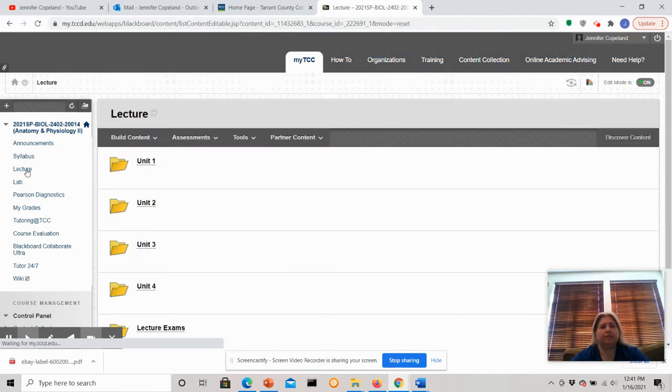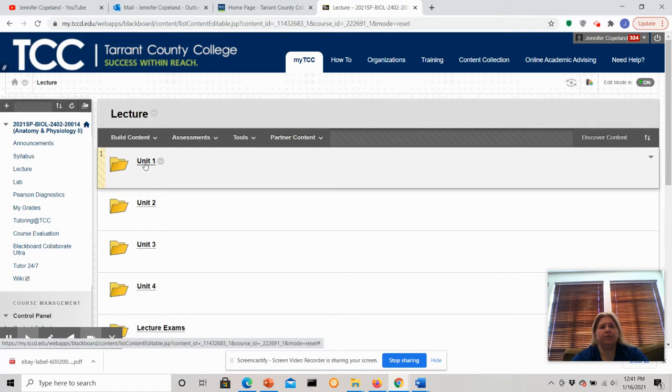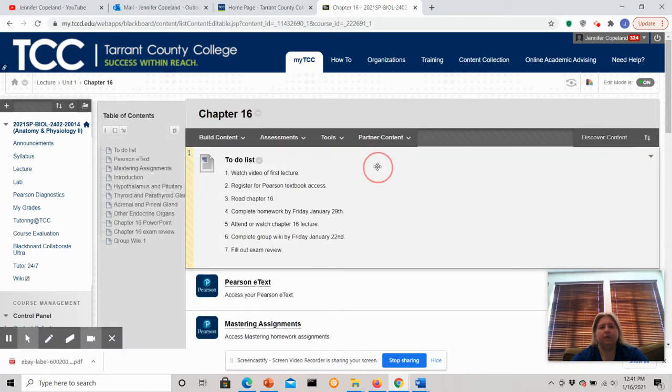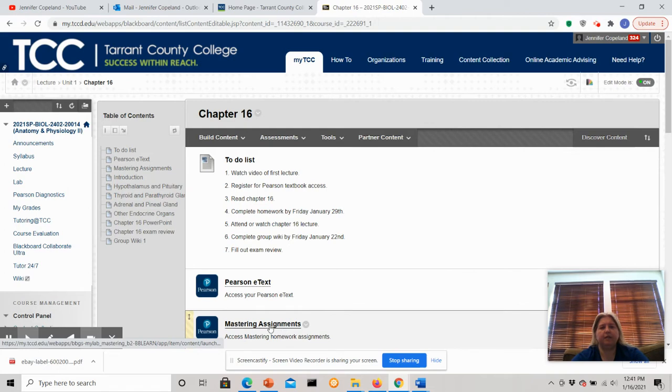So click on lecture, and then just click on unit 1. And let's go to chapter 16. And then you can see right here, mastering assignments. Click on that, and you should be prompted to log in or create a login or something like that. And once you log in, then you're in the class. You don't need that course ID number or anything like that.